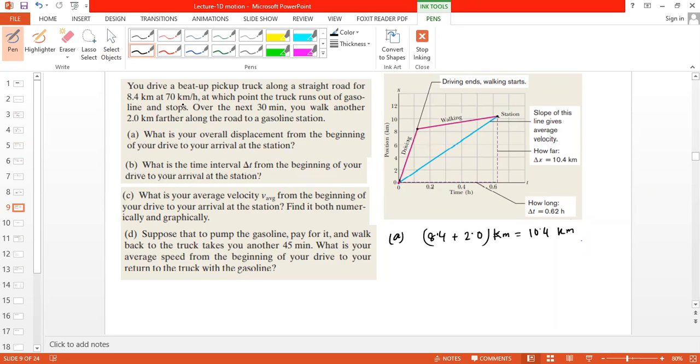Here they have said that at first he was driving for 8.4 kilometers at a rate of 70 kilometers per hour, and then he walked for 30 minutes. So what do you have to do? You have to find the driving time. The guy is driving 8.4 kilometers at a rate of 70 kilometers per hour, so the total time is equal to distance by speed.